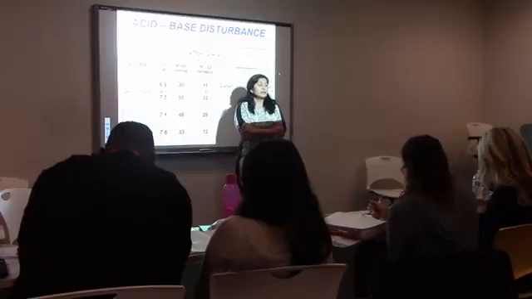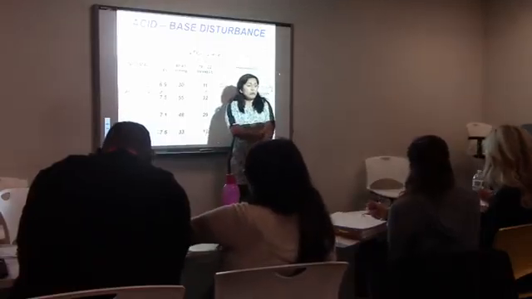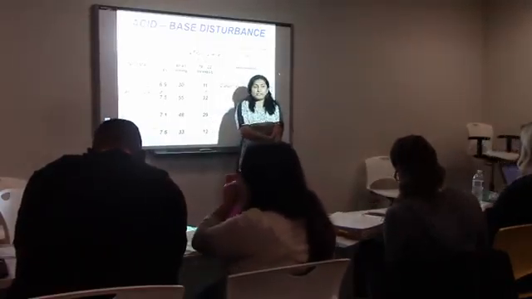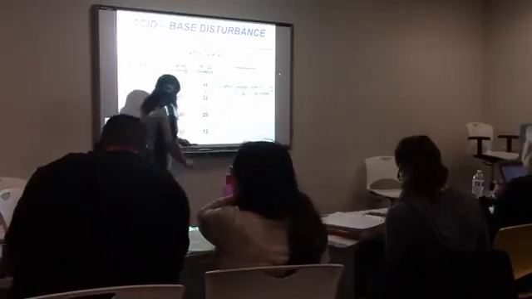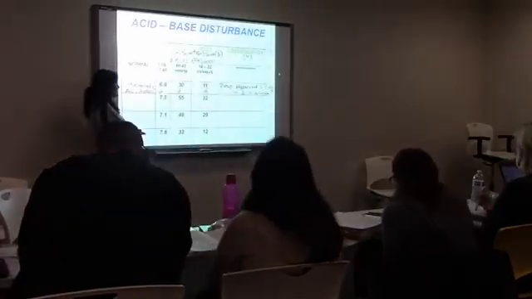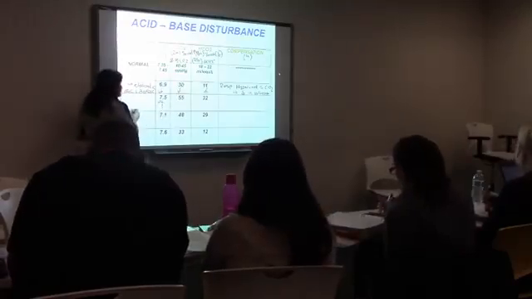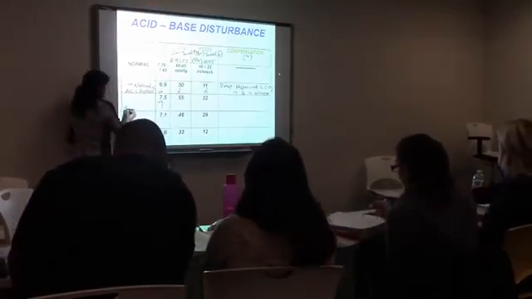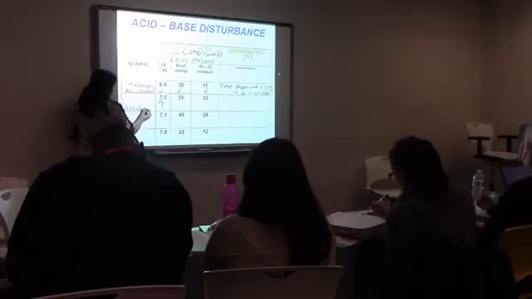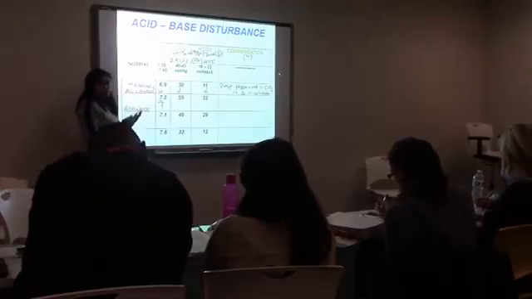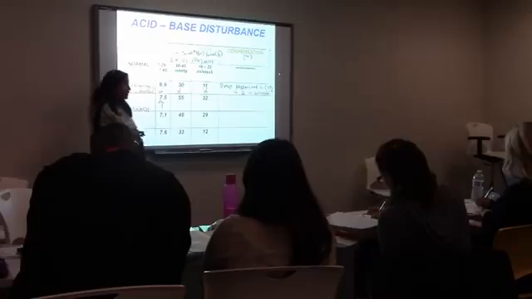Okay, so let's figure out what type of acid-base disorders the next ones are. So, 7.5, is that increased or decreased? So if the pH is increased, you call it alkalosis. So now, either respiratory alkalosis or metabolic.